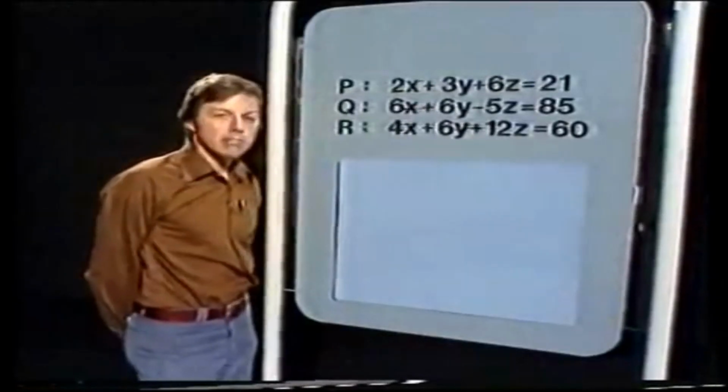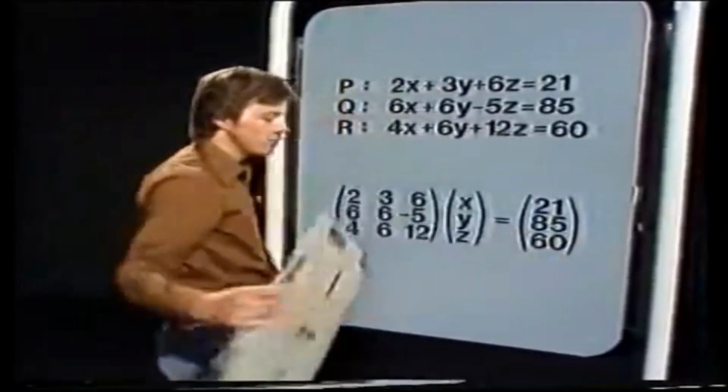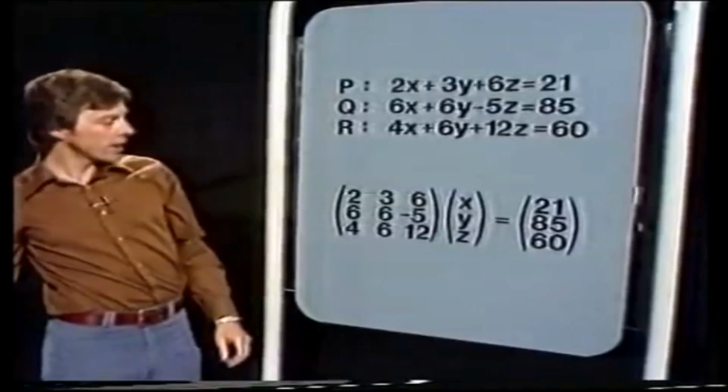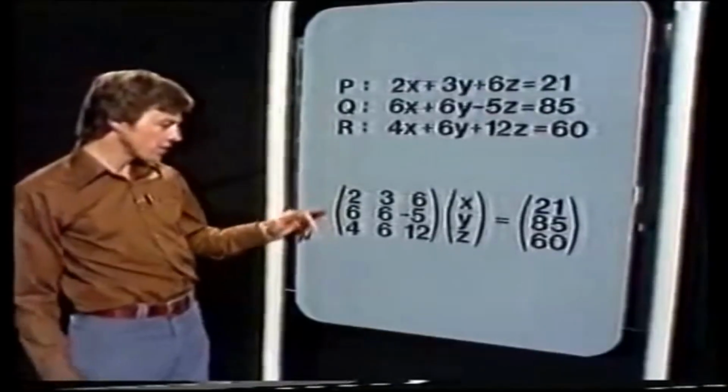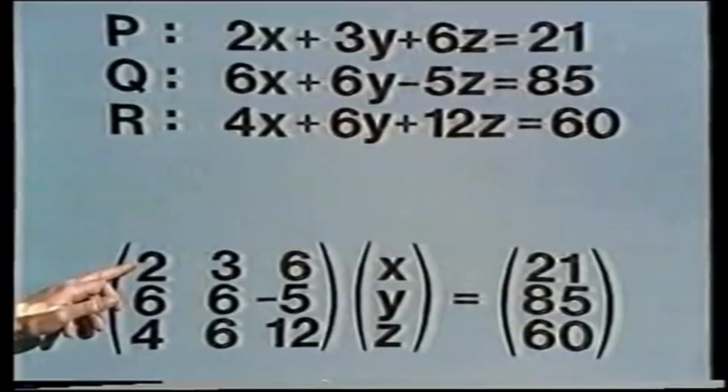Well, of course, you'd expect that, because we still had two parallel planes, and in fact, you could have spotted it easily enough just by looking at the matrix of coefficients, because the third row is a linear multiple of the first.